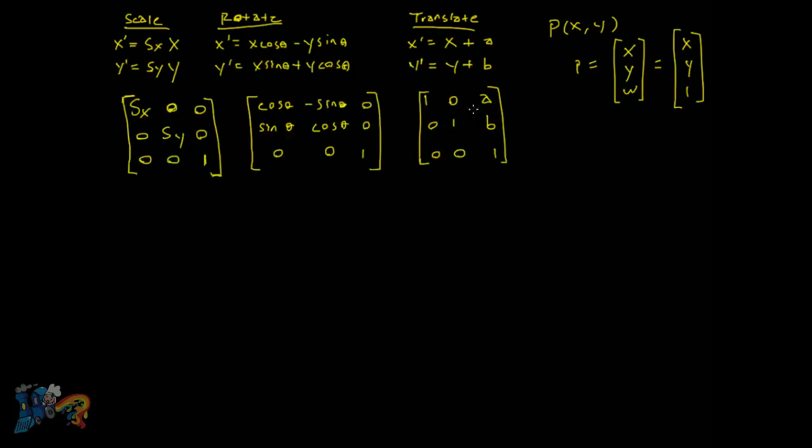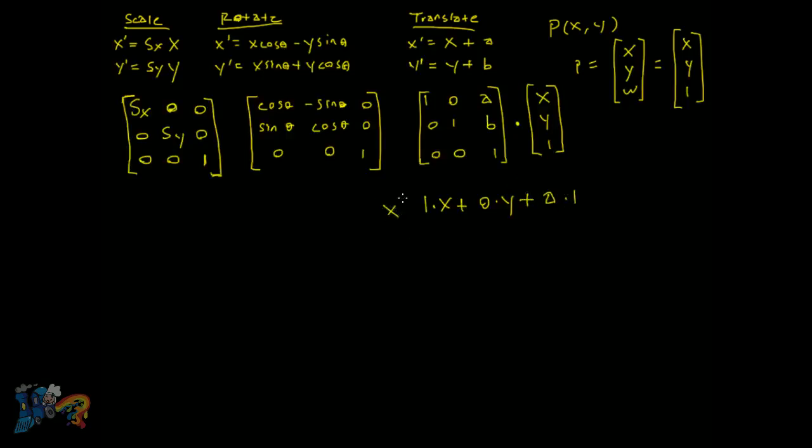Okay, and I'll explain why by showing you the example of how we can get a multiplication of a point by this matrix to get this algebraic result. If we were to take the point x, y, and this w component of 1, and multiply it by this translation matrix, we would get x times 1, plus 0 times y, plus a times 1.